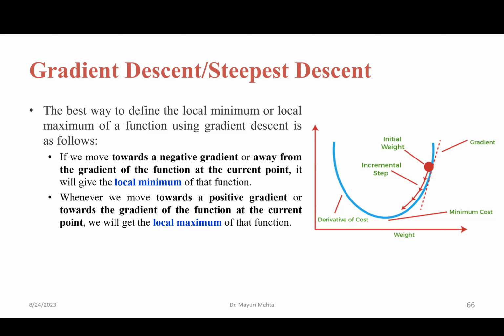The first step is to calculate the first order derivative of the function, to compute the gradient or slope of that function. And the second step is to move away from the direction of the gradient, which means the slope is increased from the current point by alpha times, where alpha is defined as the learning rate.